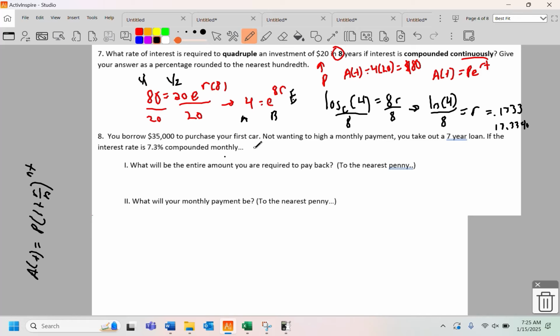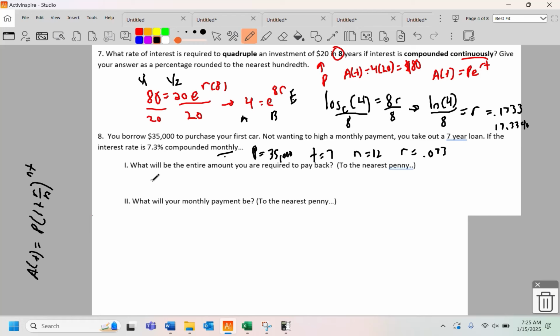All right, so the principal here is $35,000. Doing a 7-year loan, time is 7. Monthly, n is 12. And the rate is 0.073. Don't be the kid who can't convert that to a decimal. Like, I can't help you. I can't. You have not paid attention your entire life to anything.